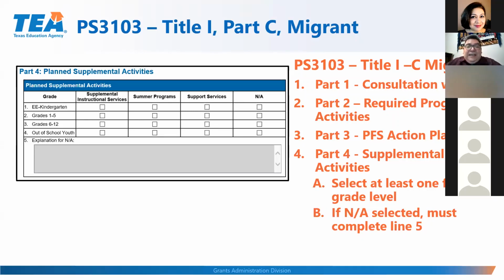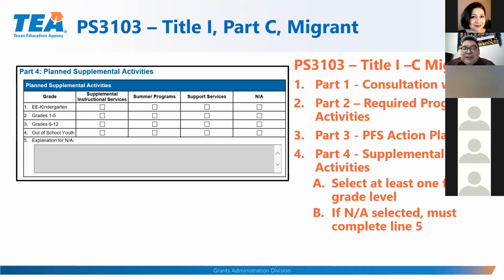You can select any that apply or all that apply for each of the different grade levels. If you select NA for any of these lines 1 through 4, on line 5 you will have to put in an explanation. You'll notice there is a new line item that wasn't there last year, out of school youth.